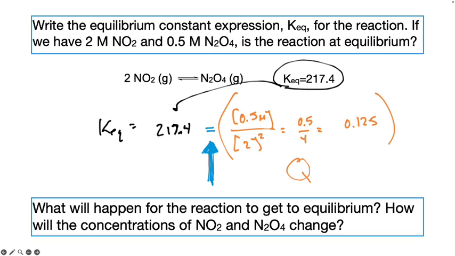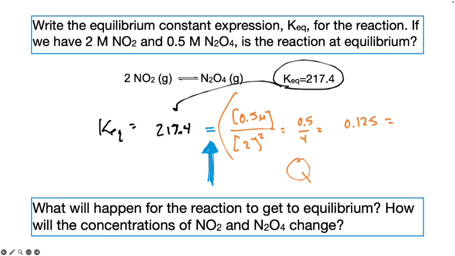That's Q. And so to answer this question, what is going to happen to the reaction to get to equilibrium? Well, I have to make that 0.125 become 217, which means my number must get significantly larger. How did I calculate the 0.125?